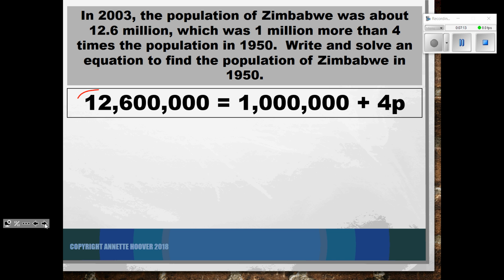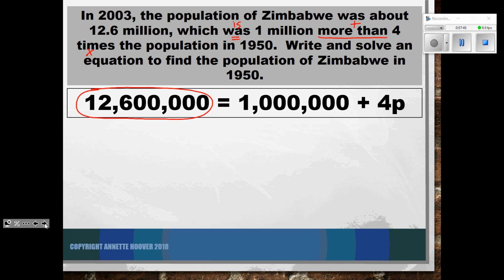So I went ahead and wrote out 12.6 million is 12,600,000 in standard form, here's your equal sign, 1 million more than. When you read the phrase more than, you know that you're going to add 1 million more than 4 times, so you know you're going to multiply right here, the population in 1950.